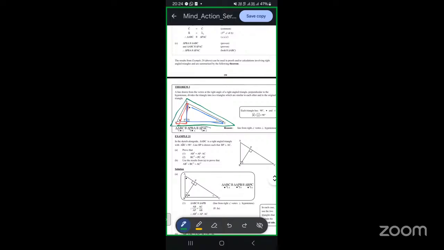So now theorem 3 is saying that if I have my right angled triangle, say A, B, C, and then I construct the line from point A, there at the right angle of this right angled triangle, such that this line that I've drawn here will be perpendicular to this hypotenuse of my ABC triangle.